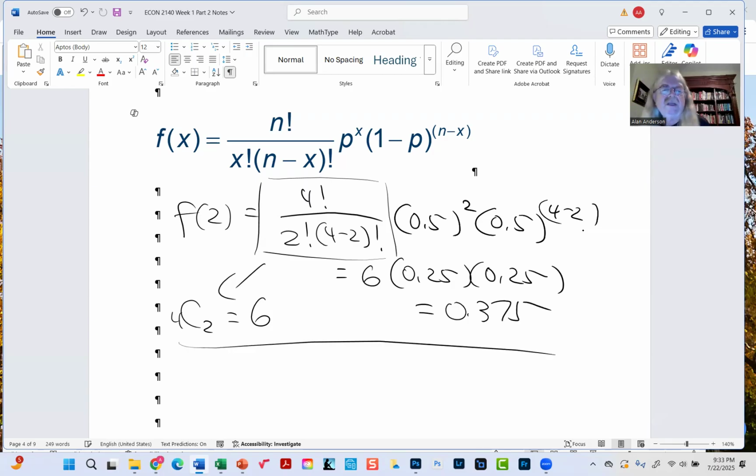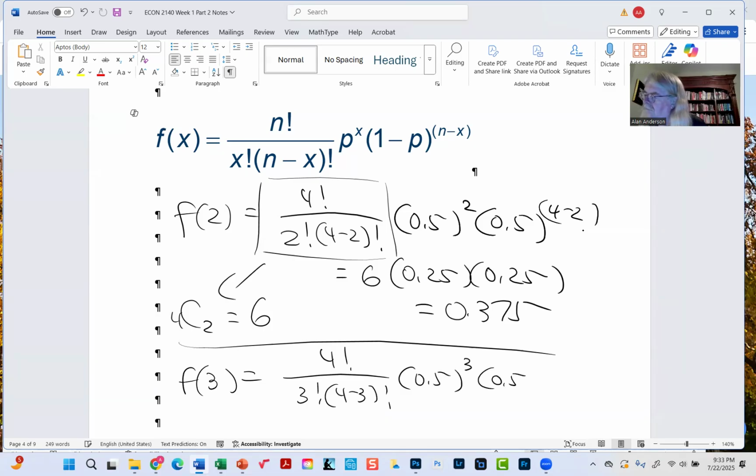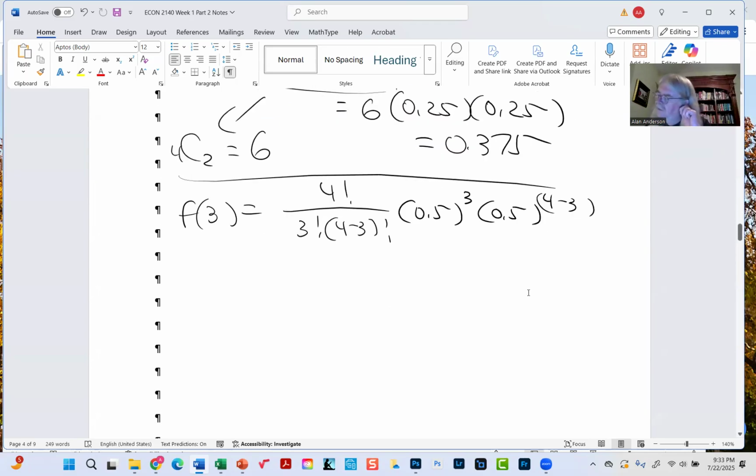Okay. And then for 3, once again, you put this in your calculator for C(4,3), and that's going to give us 4. 0.5 to the third power is 0.125.